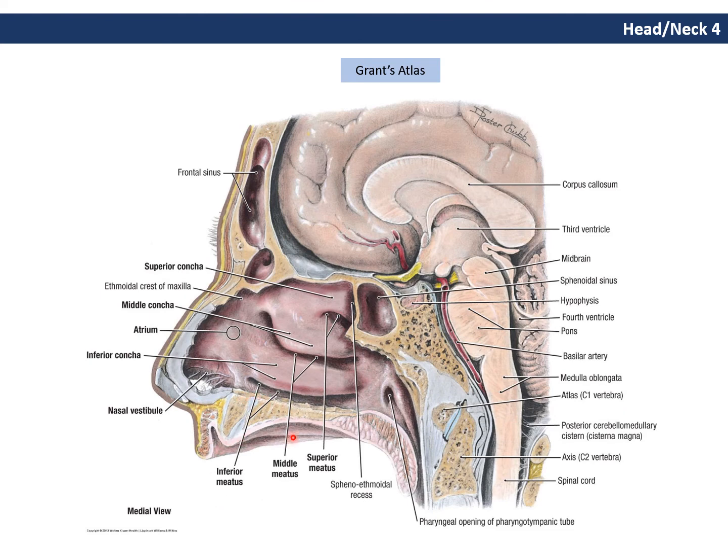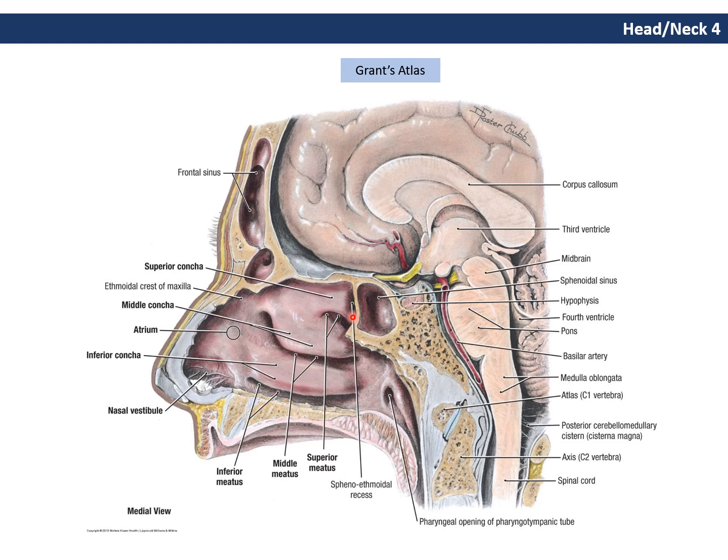All right, so remember the middle meatus is deep to the middle concha, the superior meatus is deep to the superior concha, and the sphenoethmoidal recess, which drains the sphenoidal sinus and the posterior ethmoid sinus, is posterior to the superior meatus.